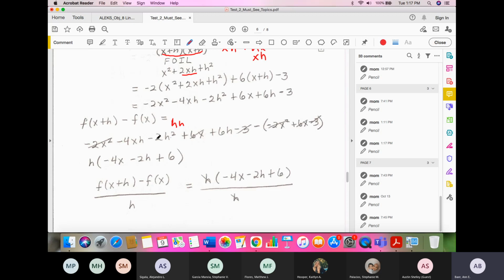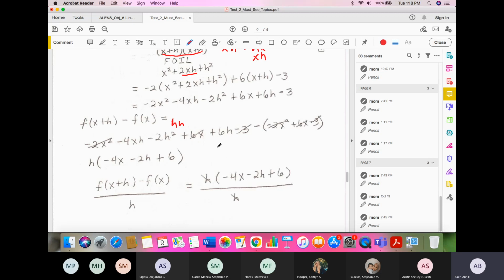One of those h's is going all the way out front, but only one. So there's this -2 left inside, and one of these h's is left inside. And then we've got down here 6h. The h went out front. The +6 is staying on the inside.